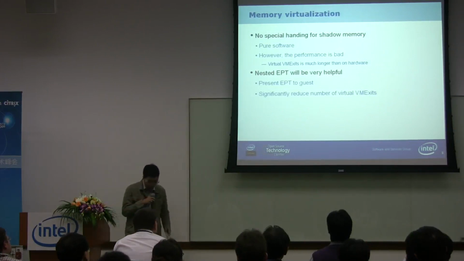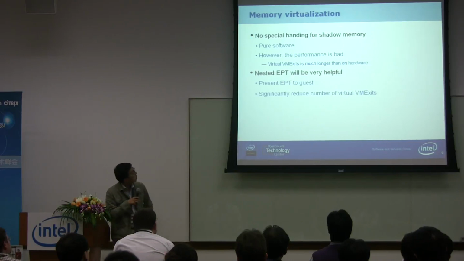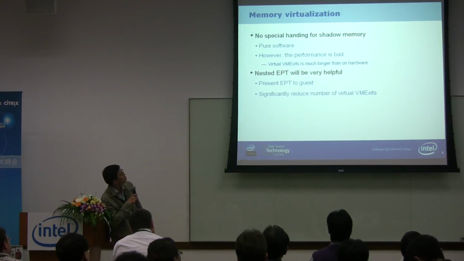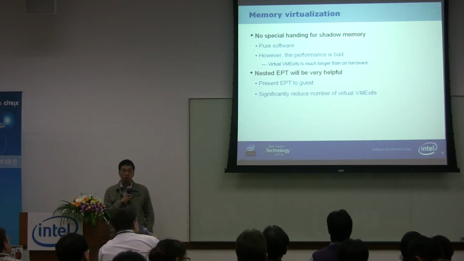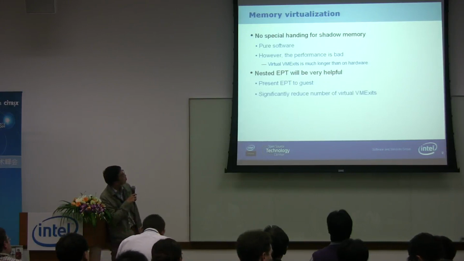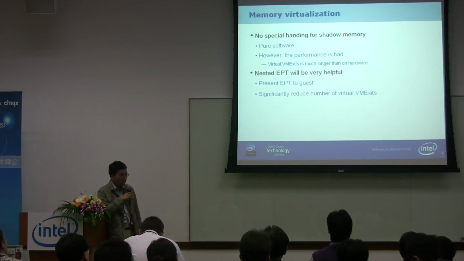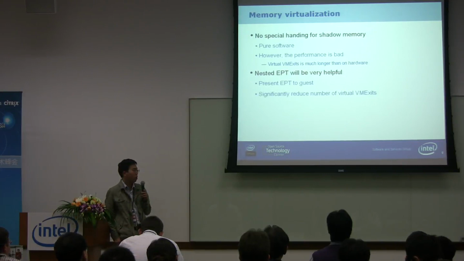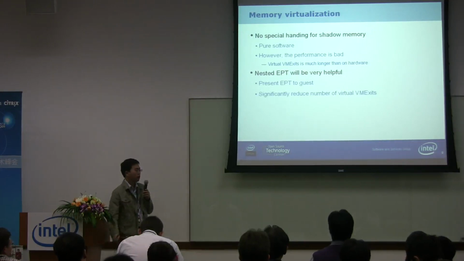The memory virtualization. The memory should have no big handling if we are using the shadow memory, since the shadow memory is purely software. But the performance is kind of bad because shadow memory has a lot of page faults, and these page faults are reflected to VM exits.